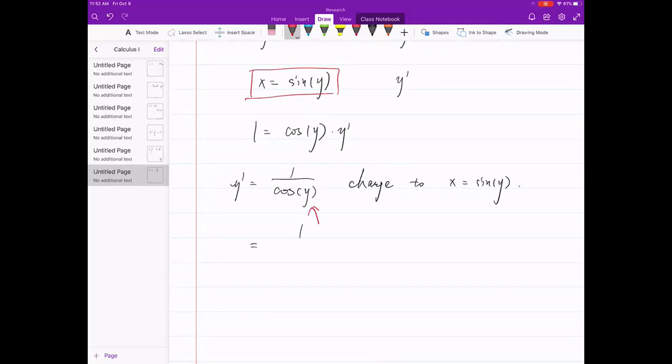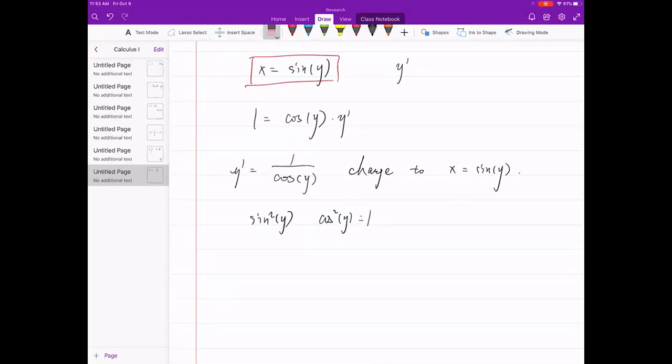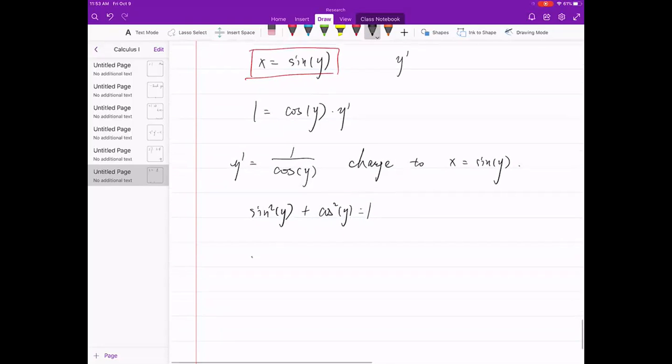Still okay? What you want is you want to represent cosine y in terms of x. That means you want to represent cosine y in terms of sine y. Can you represent cosine in terms of sine? The answer is definitely yes. It comes from trig identity. Square root.